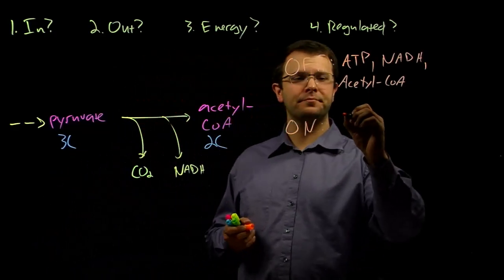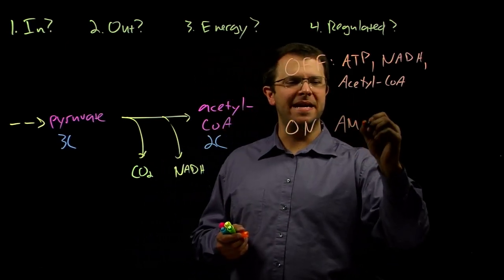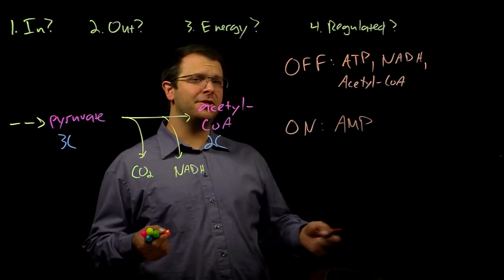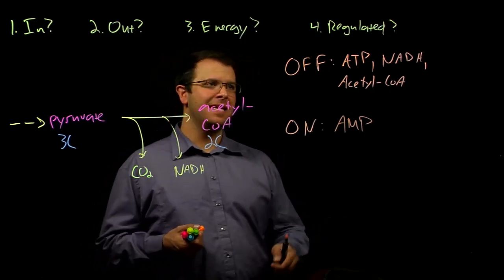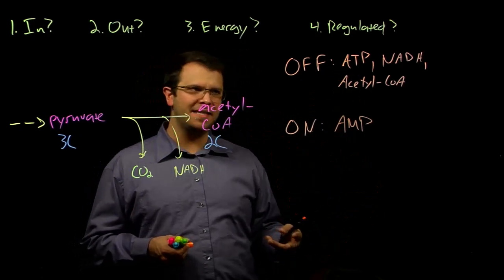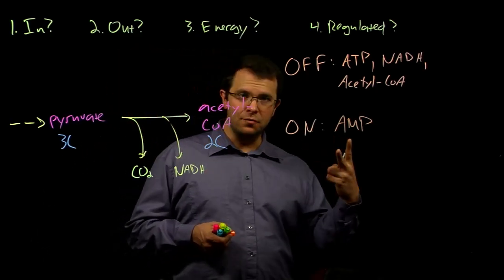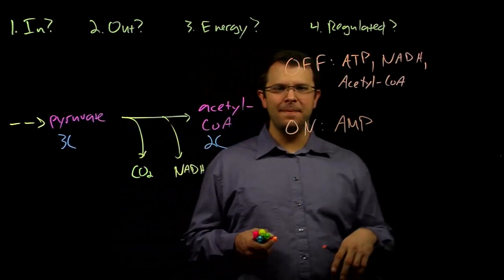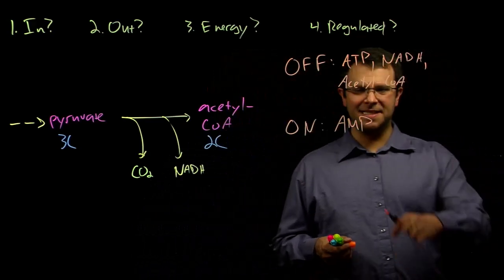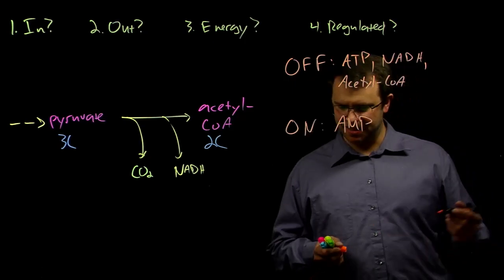A low energy version of ATP might be AMP, which is a molecule we actually haven't seen yet. ATP is adenosine triphosphate. It's got 3 phosphates. ADP is adenosine diphosphate. It's got 2 phosphates. AMP is adenosine monophosphate. It's just got 1 phosphate. This is a very low energy molecule, and it will turn this process on.